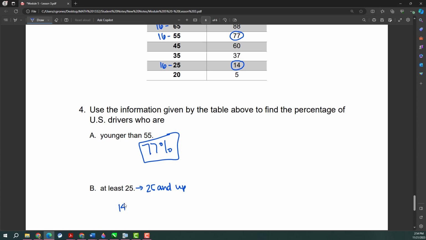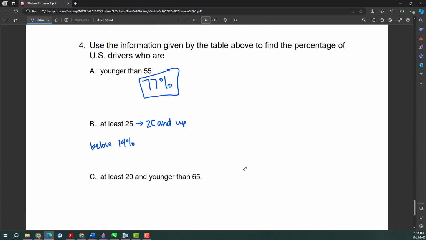So the 14% would be below. To find 25 and up, so above, we would have to subtract 100 minus that 14%, and we get 86%.